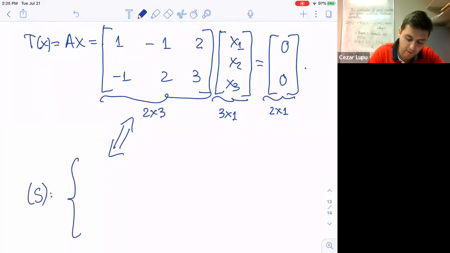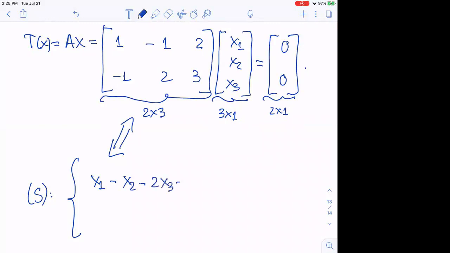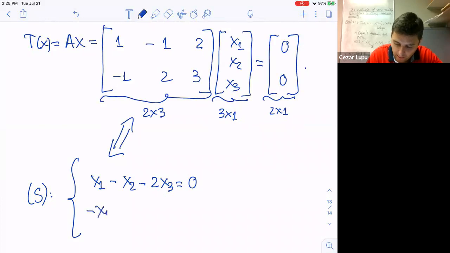After some computations, this gives us x1 minus x2 minus 2x3 equals 0, and the second one is negative x1 plus 2x2 plus 3x3 equals 0.